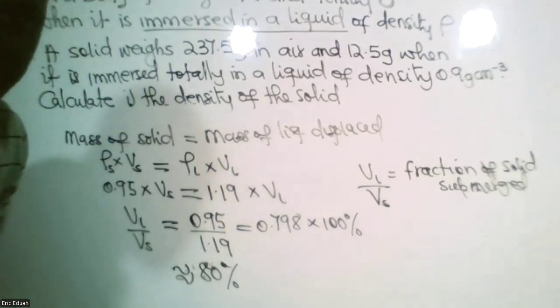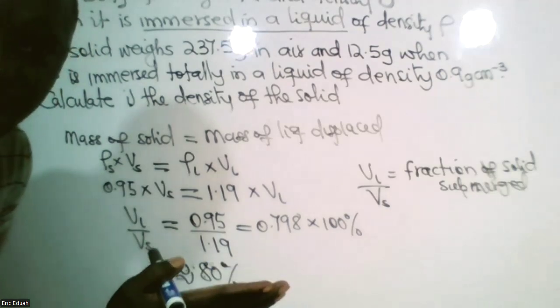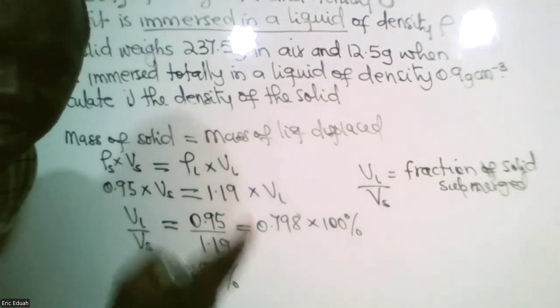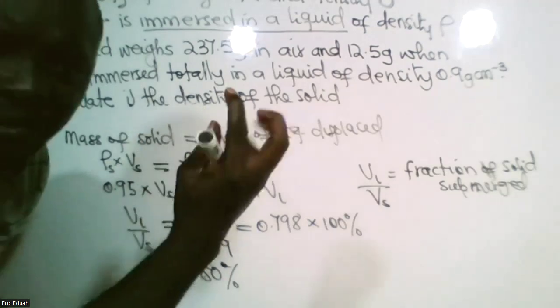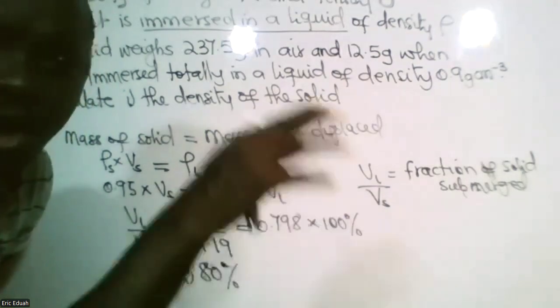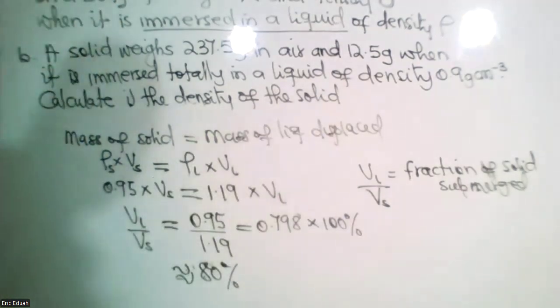Once we are looking at fraction, it means part of the solid is up and part down. So this fraction will be the volume submerged in the liquid divided by the whole volume of the solid.